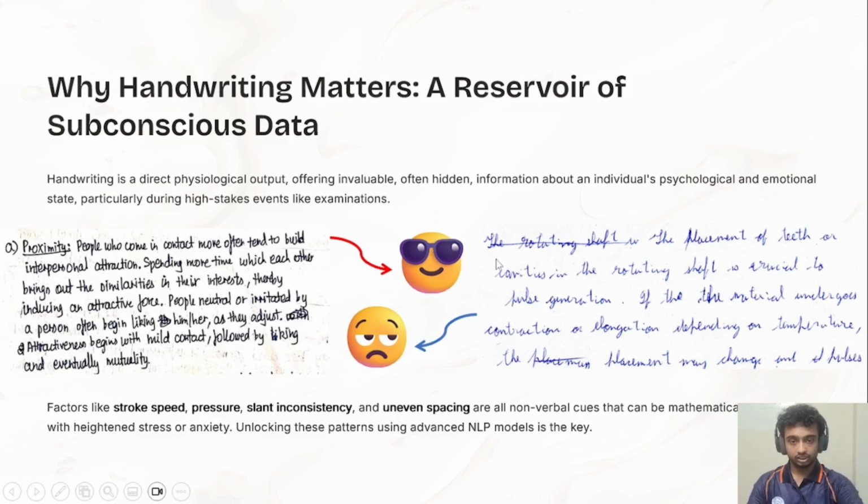This shows that the person on the right is most probably under a bit of stress. The aim of the project is to use factors like stroke speed, pressure, slant inconsistency, and uneven spacing, and mathematically correlate them with heightened stress. Using NLP models for this is the key to the project.